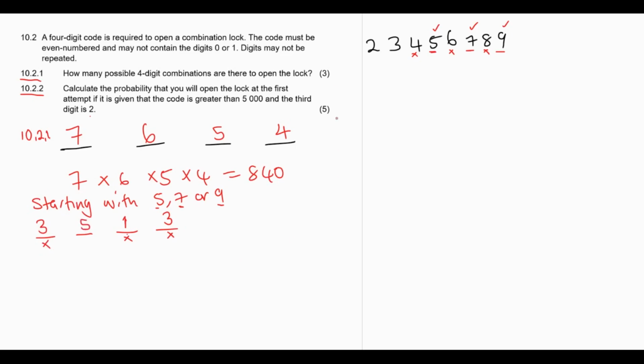Now let's look at the other situation. The first situation is when starting with 5, 7, or 9. But now let's say it's starting with 6. What will happen if it starts with 6? We still have our 4 slots, 1, 2, 3, 4. Let's start with our restrictions. The third slot is for a 2. Since we only have 1, 2, one choice.